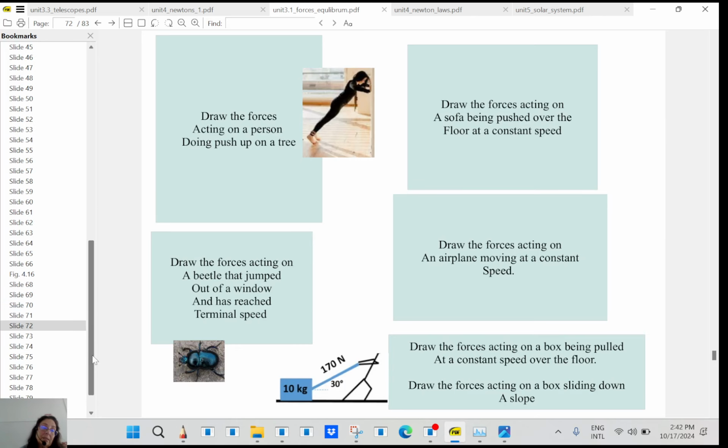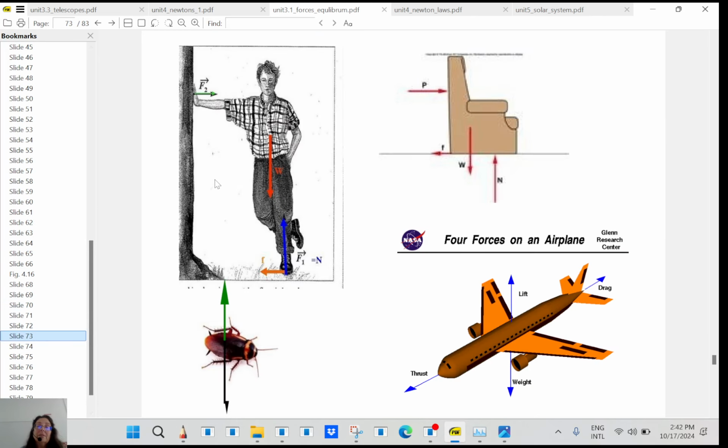Okay, so here you have different situations. It's the same kind of situation. The weight is down, you push on the ground, the normal force is always perpendicular from the surface to the system. You have static friction if you try to slide, so it's going to stop you from sliding. If you're pushing this way, it's going to push back. Normal force here, always perpendicular. What do you think here?